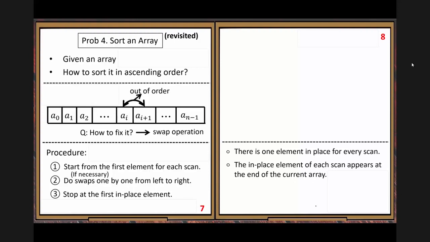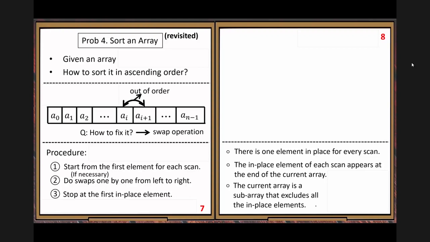Because after we eliminate those elements in place, we have a current shorter array. When we do that, we find another element in the current array that is in place at the end of this current array.